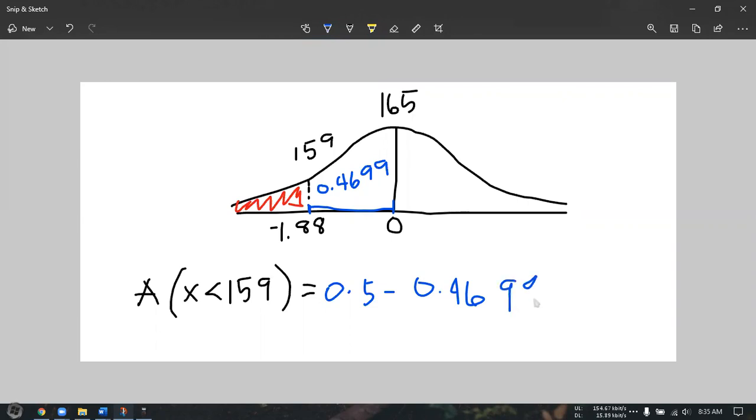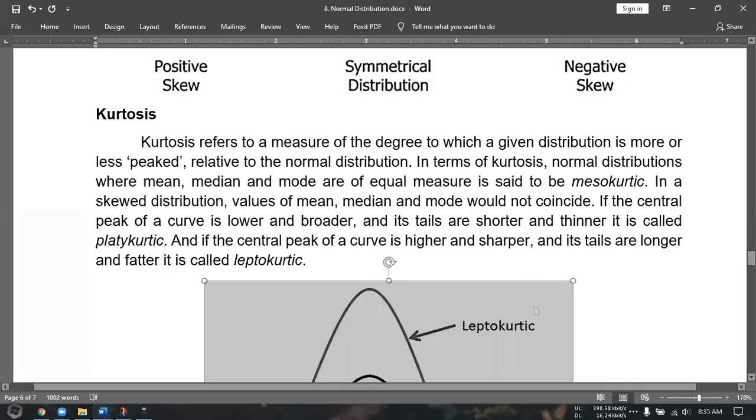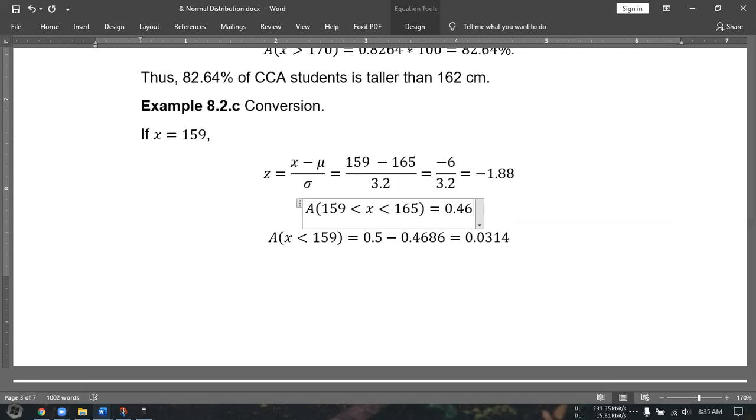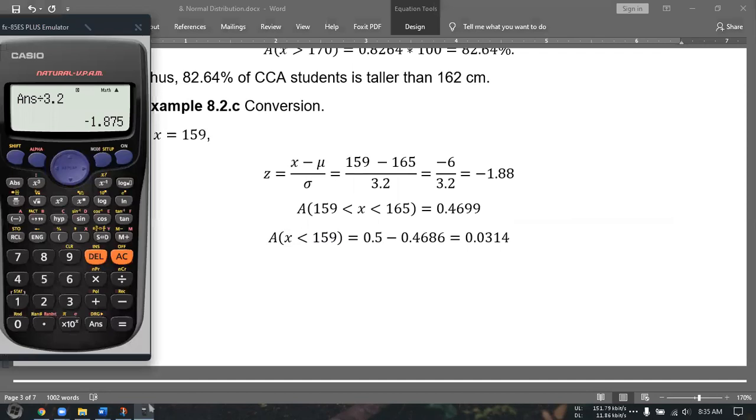Let's just edit our... should be 0.4699. 0.5 minus 0.46 is 0.0301.